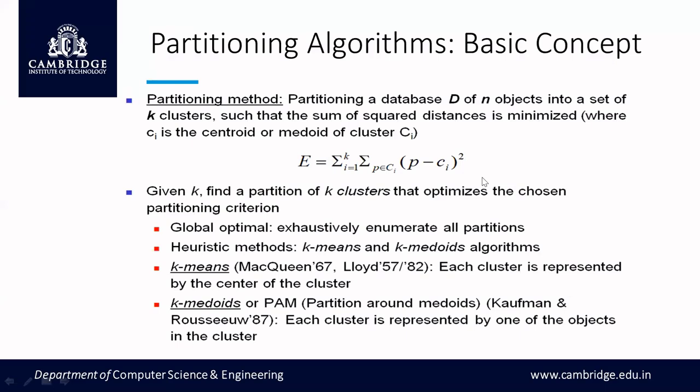What do you mean by stable? When I compute the centroid value in each step, in the next step my centroid value should be the same. In that case, I know the partitions are done properly, and I have to stop the k-means algorithm at that point.